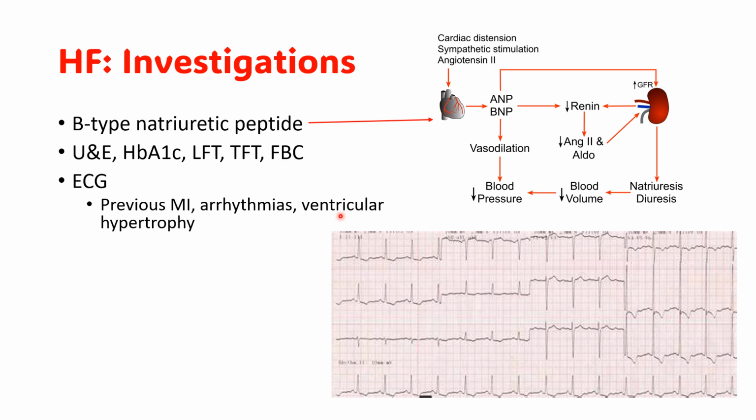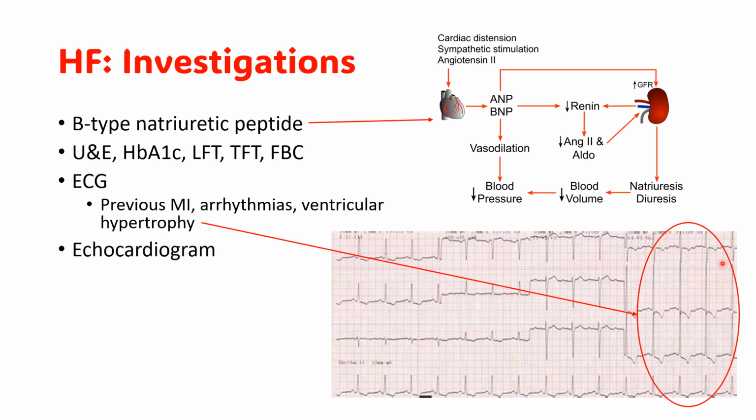There could be arrhythmias or signs of ventricular hypertrophy. So look here, we have the tall and thin QRS complexes in this region here. So this could indicate that there's some left ventricular hypertrophy.